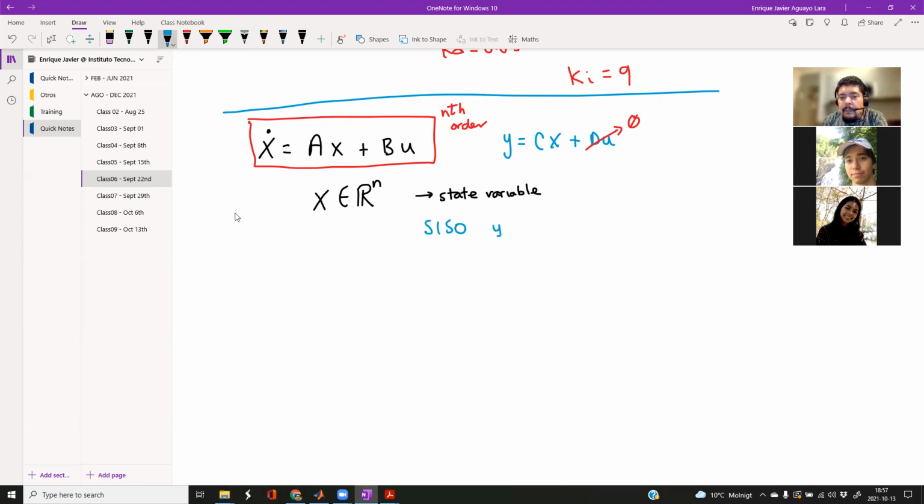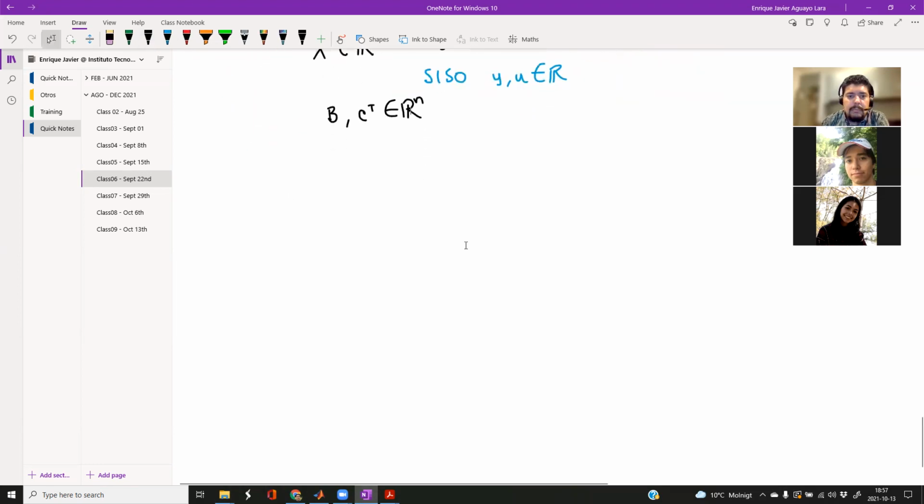So both the output of the system and the input to the system are just single elements, real functions. And the matrix B and matrix C transposed both also belong to R^n. So let's write the generic structure and then we go for an example.